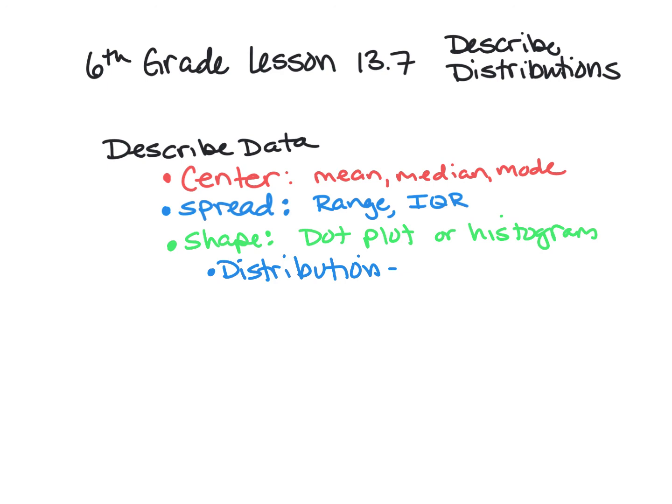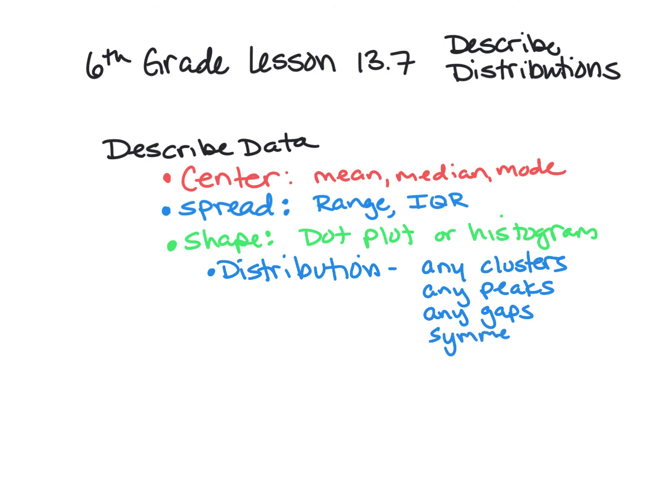So to clarify distribution, could you describe whether there are any clusters, like groupings of them grouped together? Are there any peaks, like a highest point? Are there any gaps in the data? And is it symmetrical? Does it have symmetry?